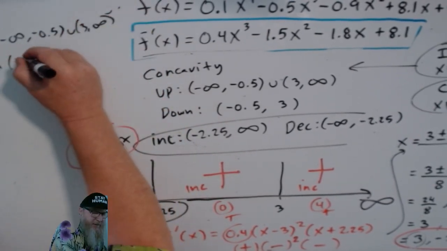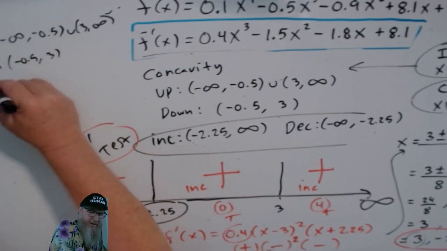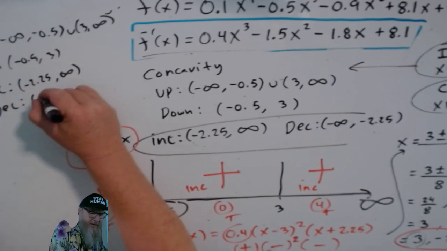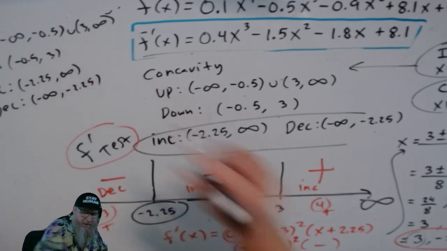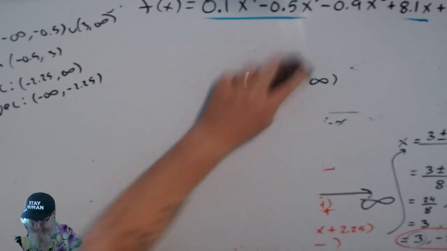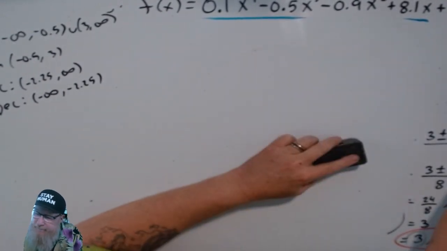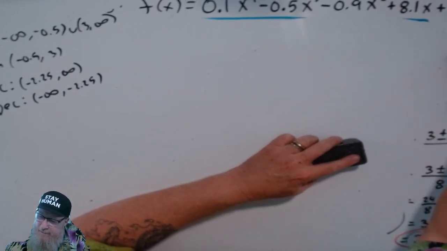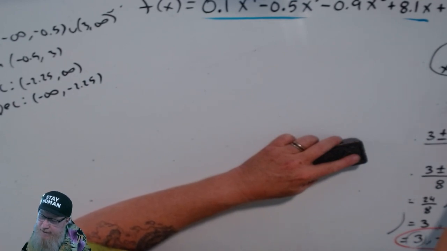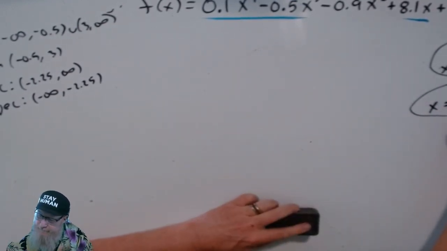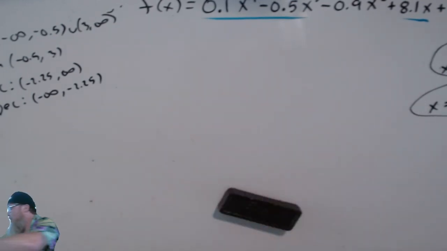Down: negative 0.5 to 3. Increasing: negative 2.25 to infinity. Decreasing: negative infinity to negative 2.25. Also inflection values and critical values. All right, we're ready to draw the graph.